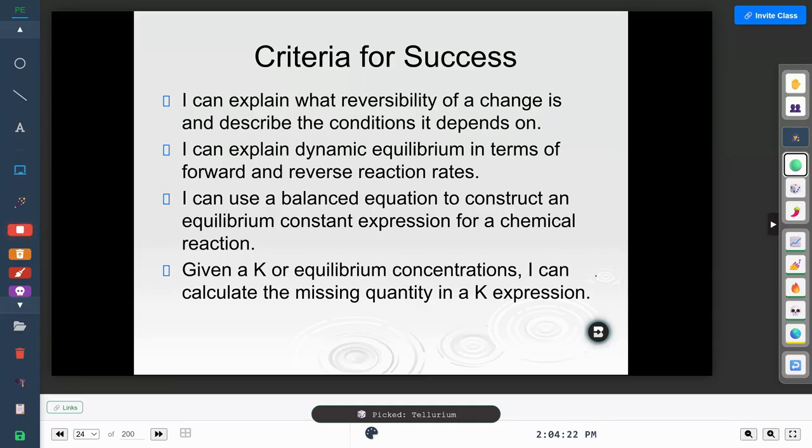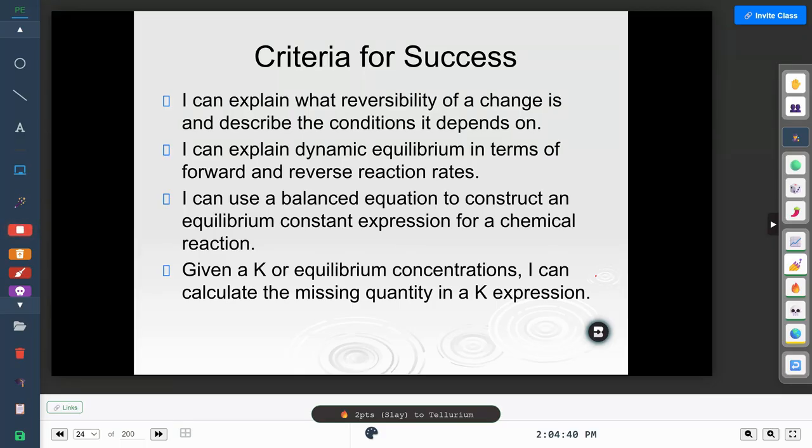The forward reaction is the same as the reverse reaction. Okay, so forward and reverse reactions are present, and what kind of things do they depend upon? Concentration, pressure, and temperature. Yes, concentration, pressure, and temperature. Good job.